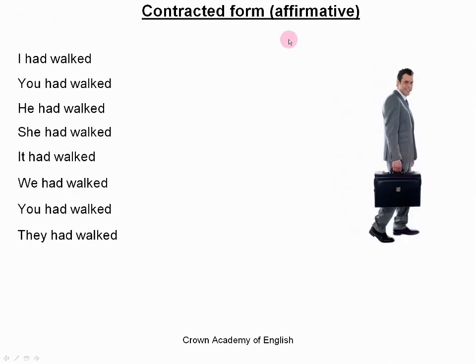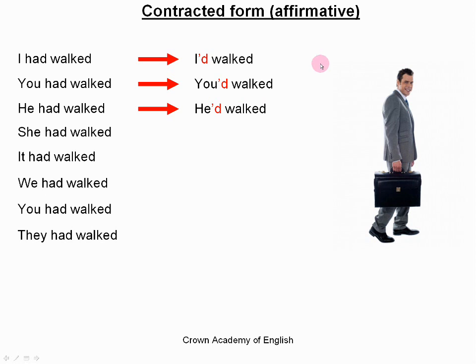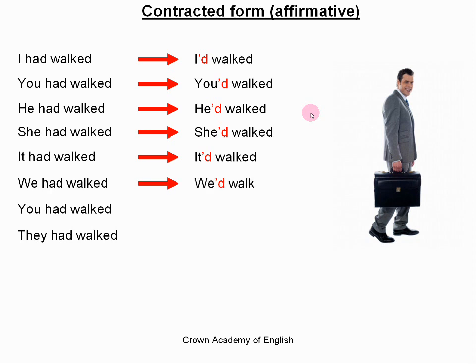The contracted form of the affirmative form. So here is the full form, and here is the contracted form. I'd walked. You'd walked. He'd walked. She'd walked. It'd walked. We'd walked. You'd walked.